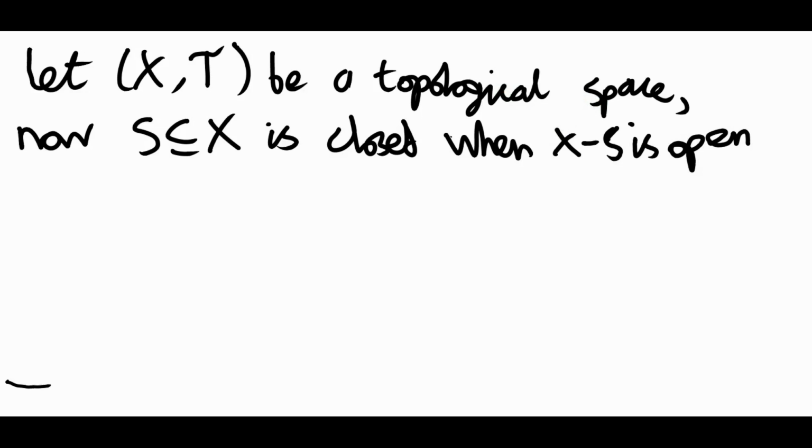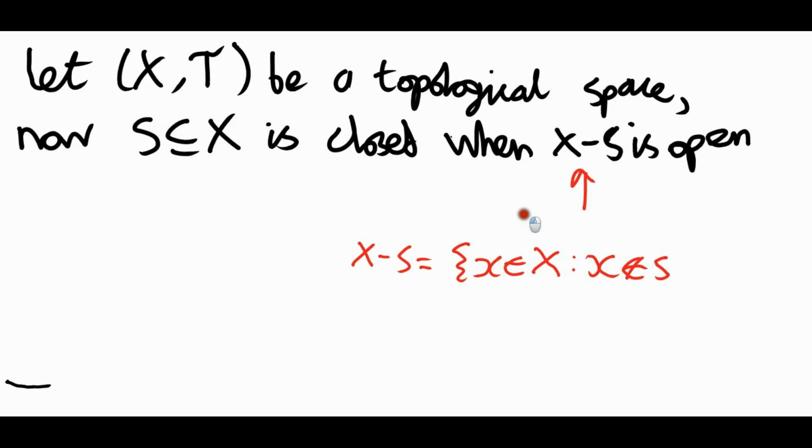Okay, so it's a bit of new notation here. I'm writing this, which sort of looks like X minus S, to denote the complement of S. So if you like, this is equal to X minus S, which is equal to the set of all elements which are in X but which are not in S. And some people write it like this.